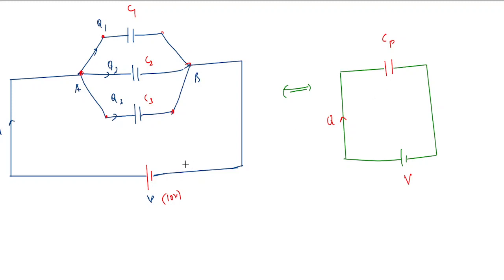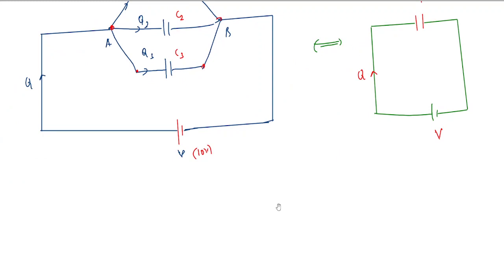So the battery will not know whether it is two capacitors or three in parallel, or whether it is these many capacitors or a single capacitor. The effect is the same, and that capacitor is called the equivalent capacitor or equivalent capacitance in terms of properties. Now let's try to find out what Cp is in terms of C1, C2 and C3.